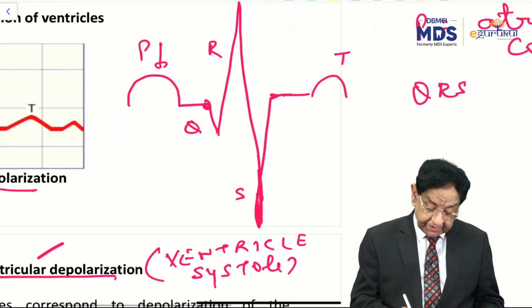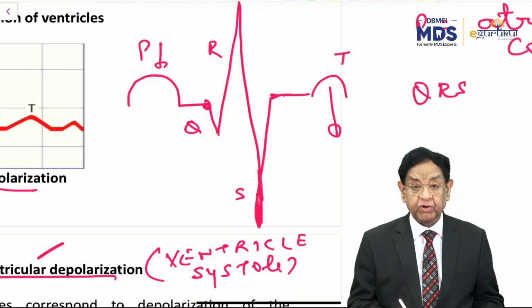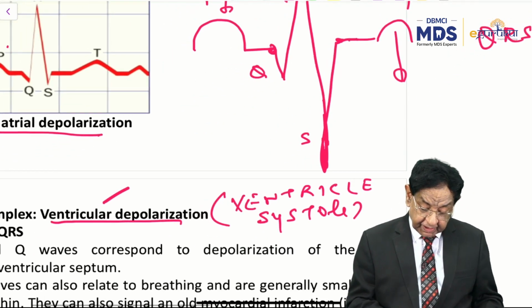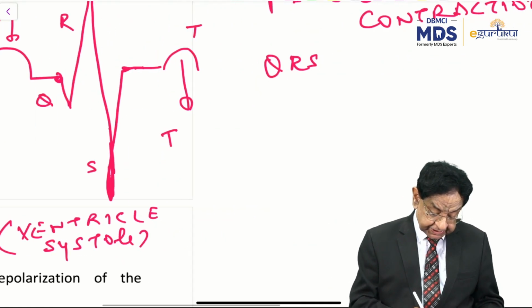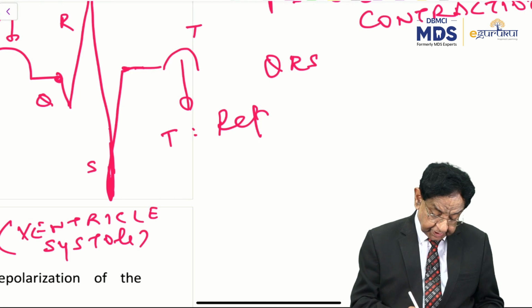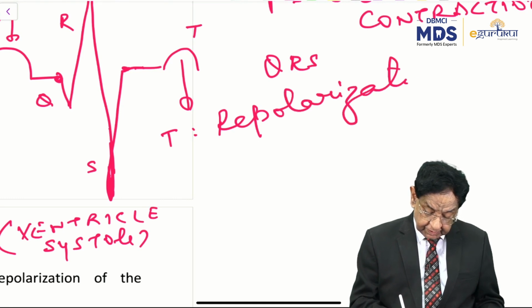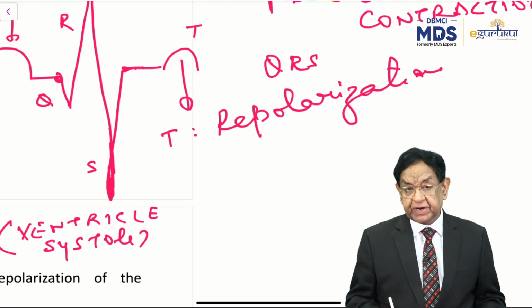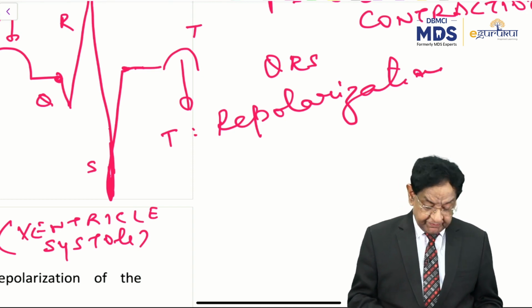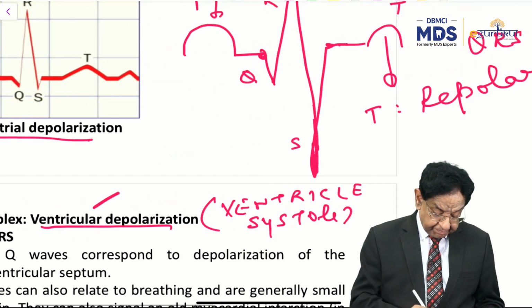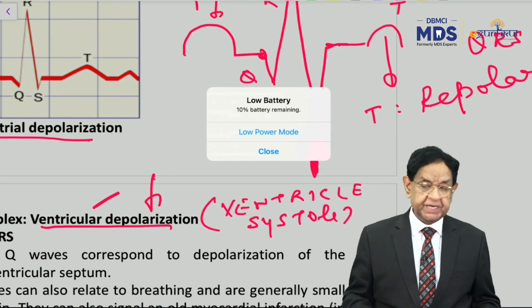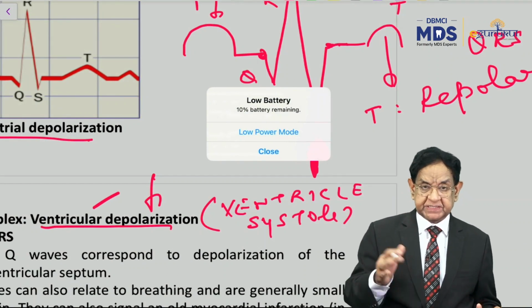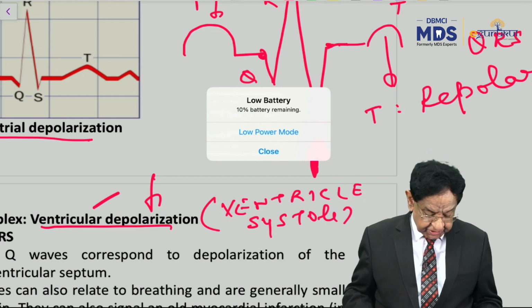T wave indicates ventricle repolarization. What about atrial repolarization? There is no separate wave. Atrial repolarization gets merged with the QRS complex. There is no separate atrial repolarization. That means the atrial relaxation wave gets merged in the QRS complex.